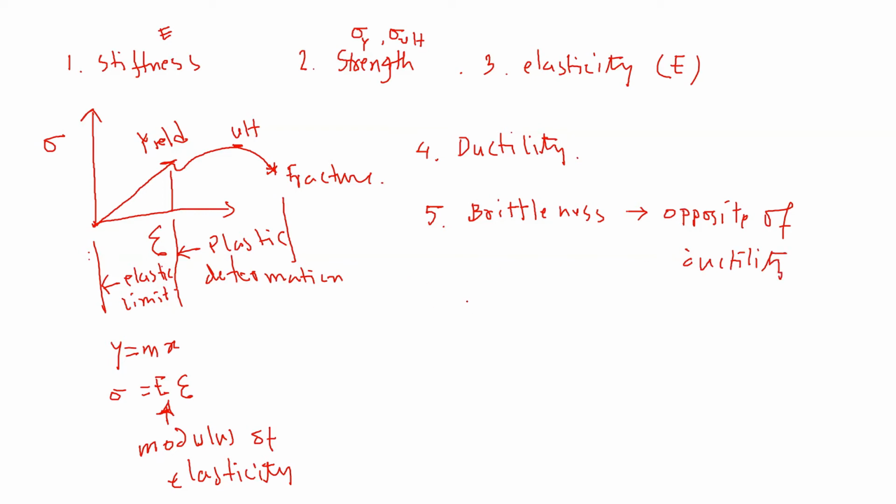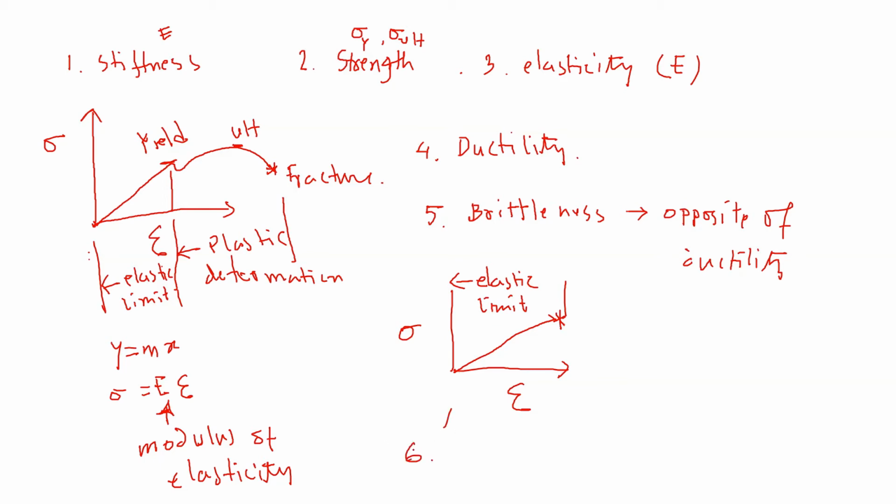Brittle material stress strain curve looks like this, and it just breaks right here. So it doesn't go through any plastic deformation, it has only the elastic portion, elastic limit. There is no plastic deformation. Glass, for example, concrete, those are brittle, the opposite to ductility. They don't have any ductile property at all.